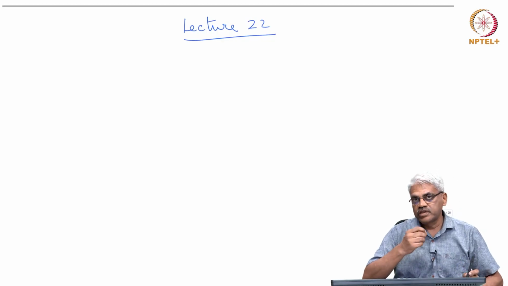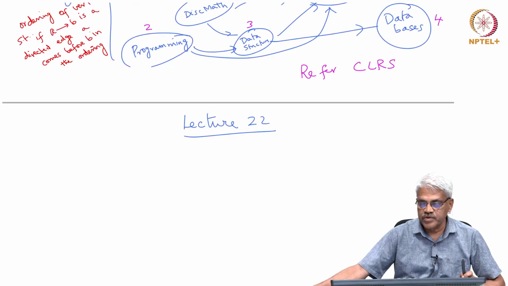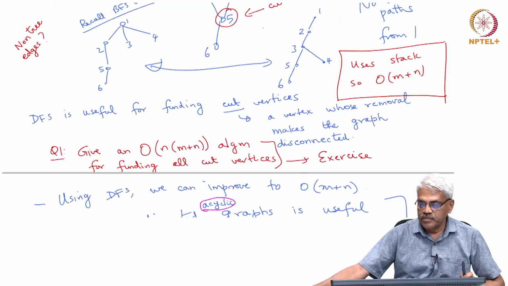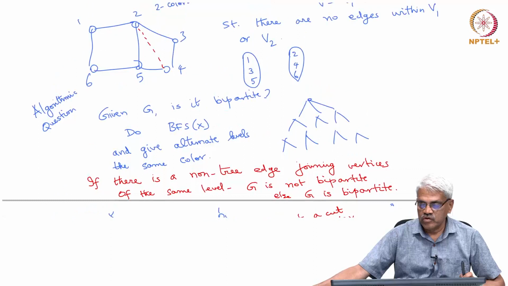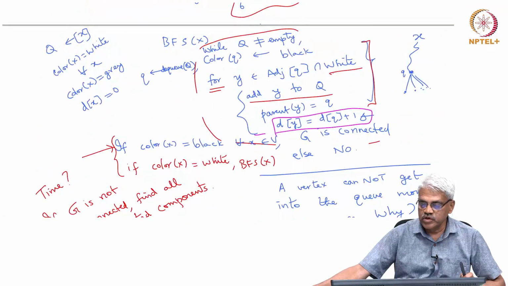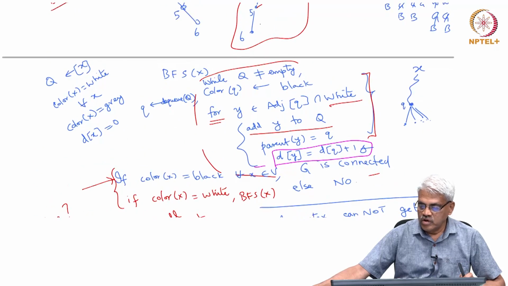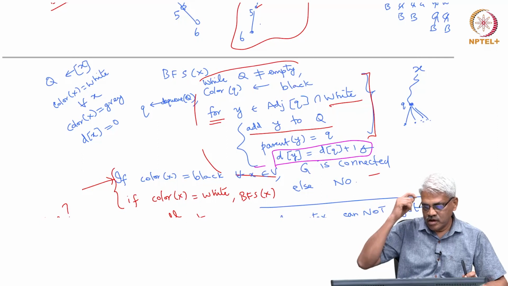I want to start with making a correction on the DFS procedure I described. I basically said look at the BFS algorithm and just use stack instead of queue. That's not quite correct.